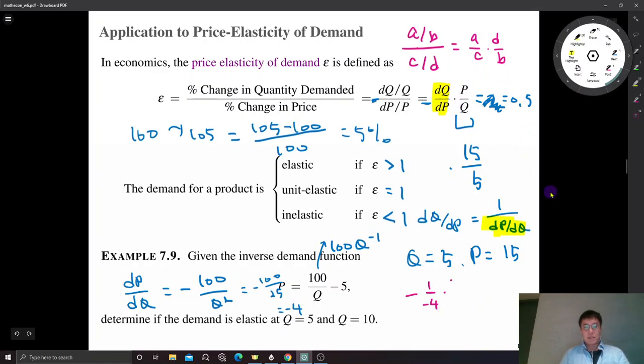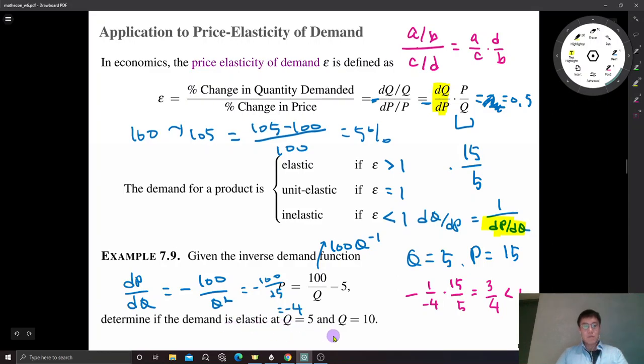At quantity 5 units, that's going to be 15 over 5. So it's going to be 3 quarters. Okay, so less than 1. So at quantity 5, we know that demand is inelastic.